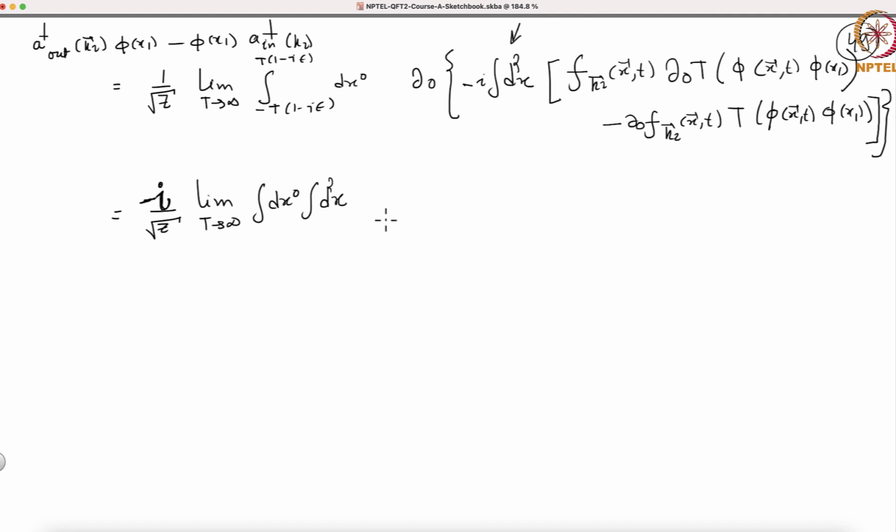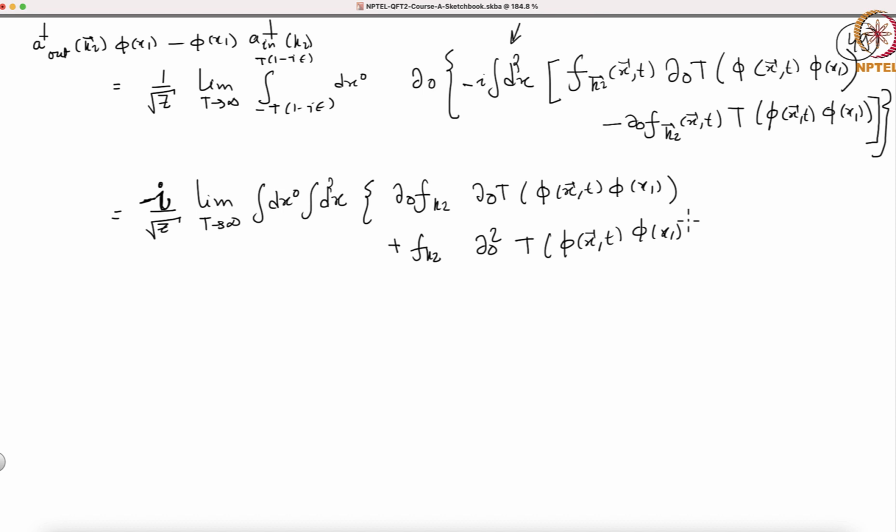Okay, all the factors are taken care of, and then I get del naught acting on fk2, then del naught of, I'm just doing the differentiation, phi xt times phi x1. Then the second time the derivative acts on this one, so I get fk2 times del naught square, because del naught acting on del naught gives you del naught square of this operator.